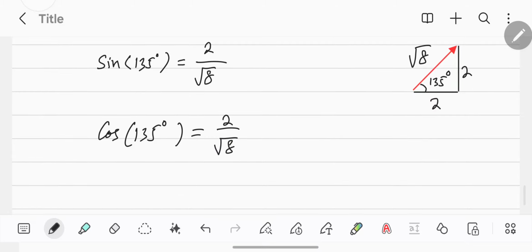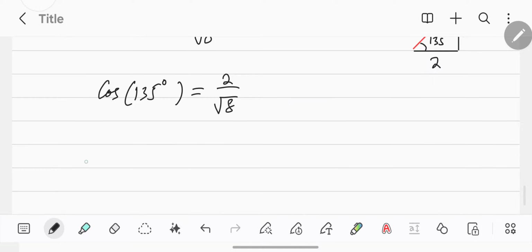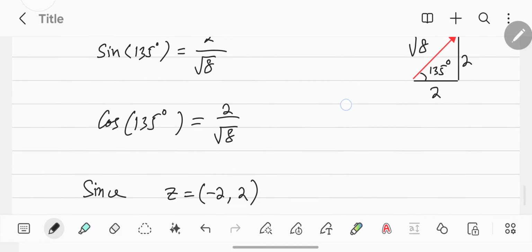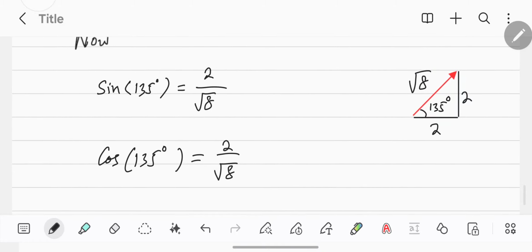Okay, now come back to the point z. Since z was equal to minus 2 comma 2, so this 2 is coming from the height and this 2 is coming from the base.